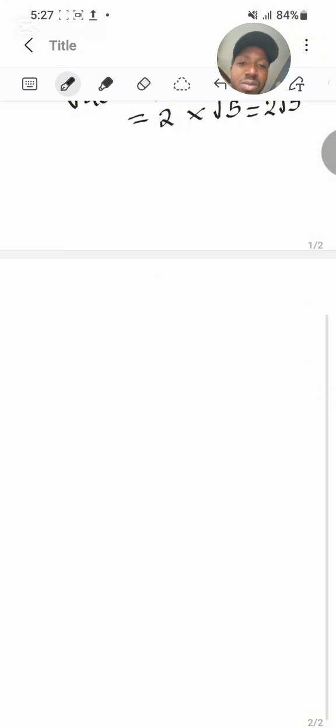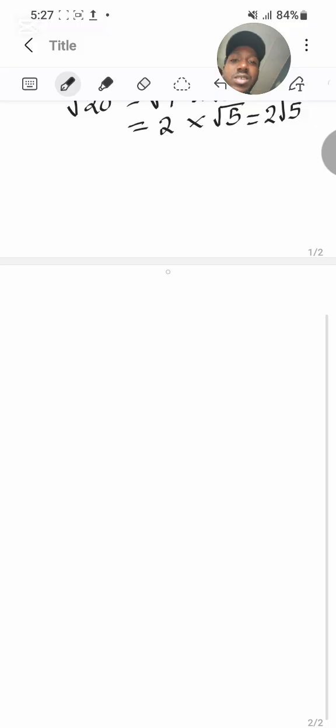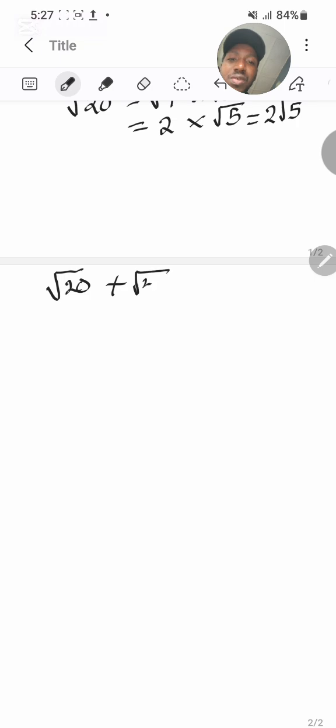The first one we'll be looking at is if they give us a question like root 20 plus root 45 plus root 125. Now, what we have here is not yet in its basic form.